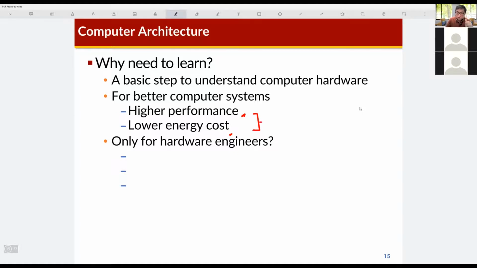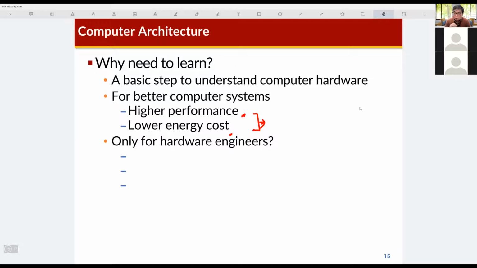It's also true if you want to purchase a new smartphone. If you want to buy a better smartphone than the old one, you need to check the performance of your new smartphone. Also, you can check the battery performance or the usage time of the smartphone, because a smartphone runs on a battery.